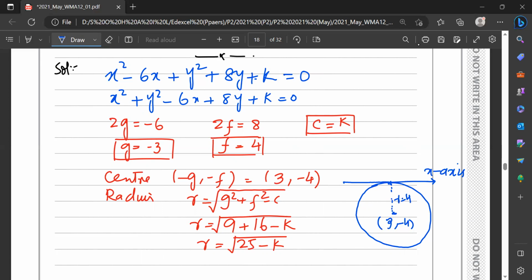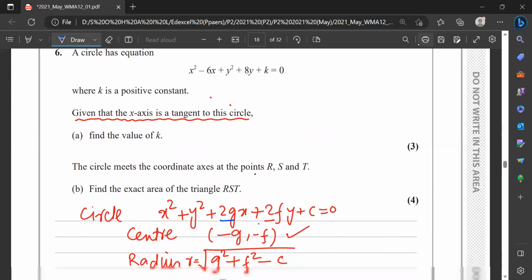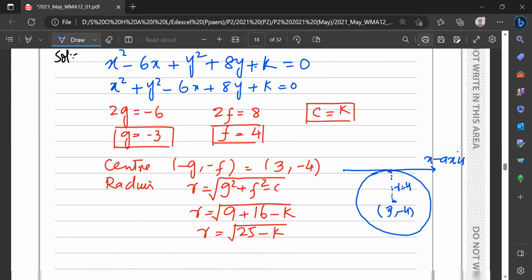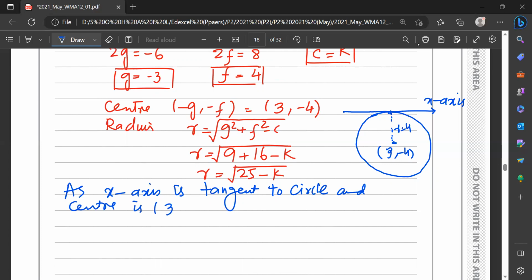So from this statement, as the x-axis is tangent to the circle and the center is 3, minus 4, below the x-axis, I can write the radius is equal to 4.